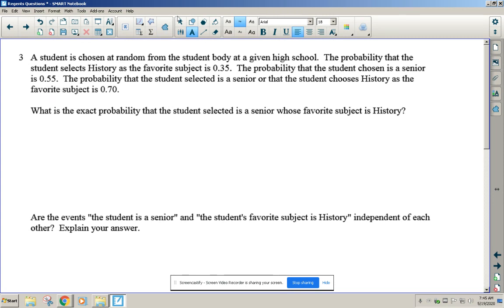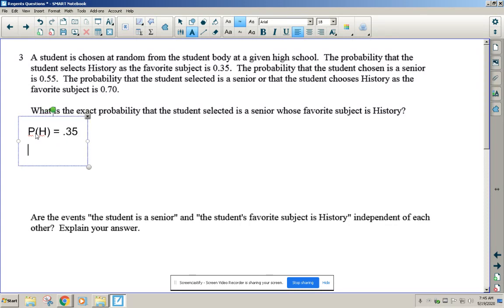So one of the things that I would absolutely do if I were the student taking the test, and actually as the teacher grading the test, is I would make a list of my important items. So the probability that the person that is picked likes history, I'm going to use H for history, is 0.35.